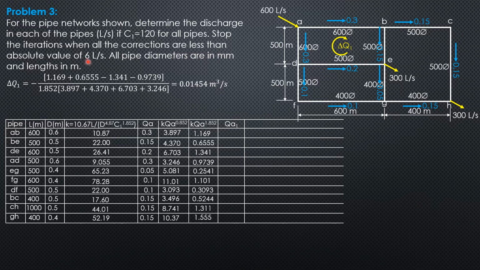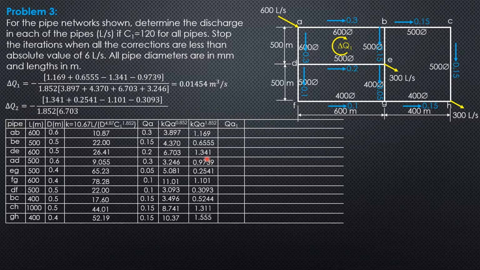So it exceeds 6 liters per second. So we have to compute delta Q1 prime next. Then delta Q2 in this loop involves our DE.